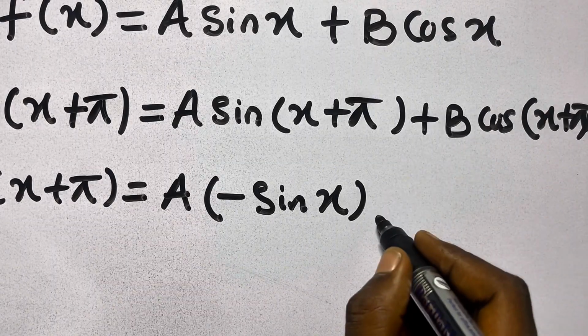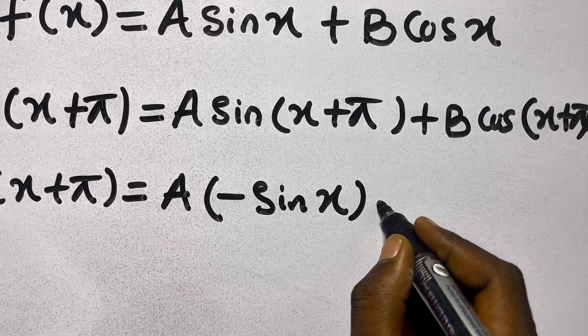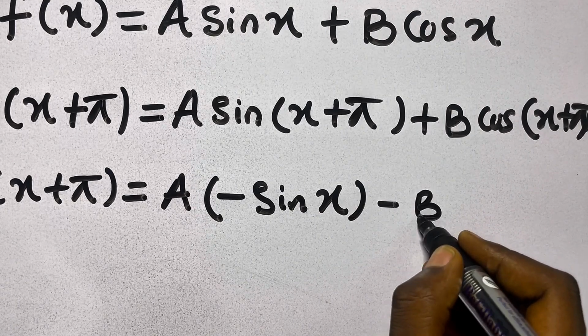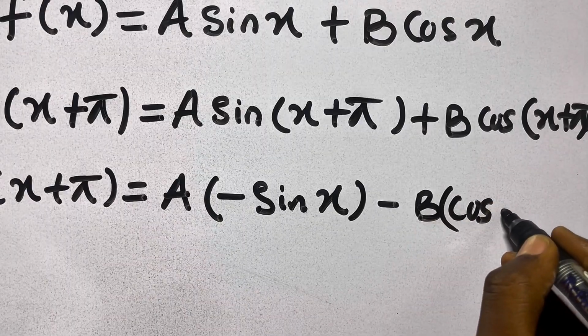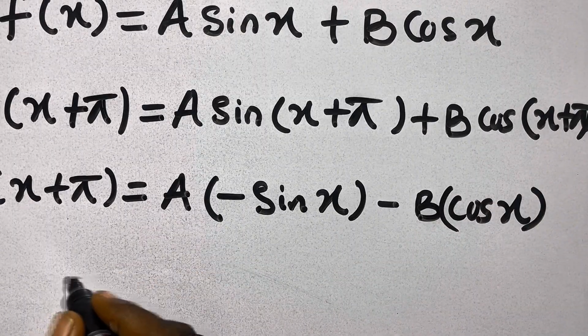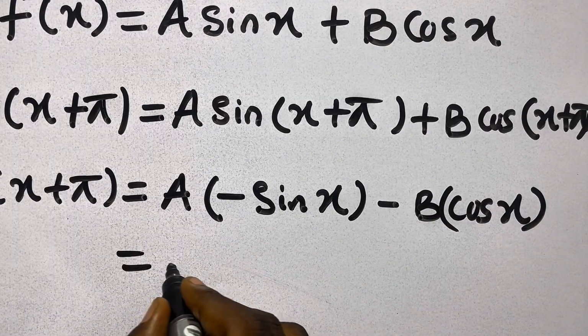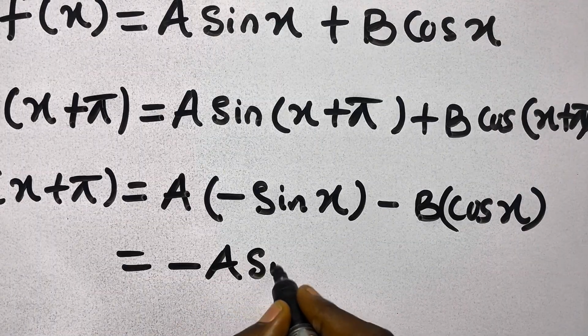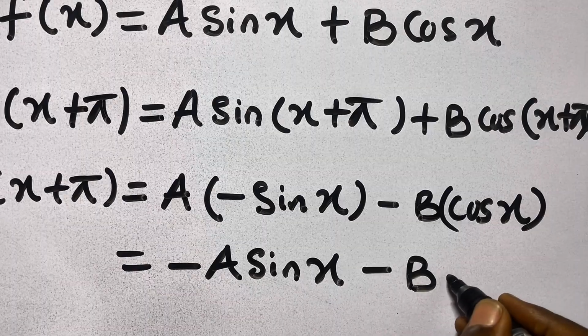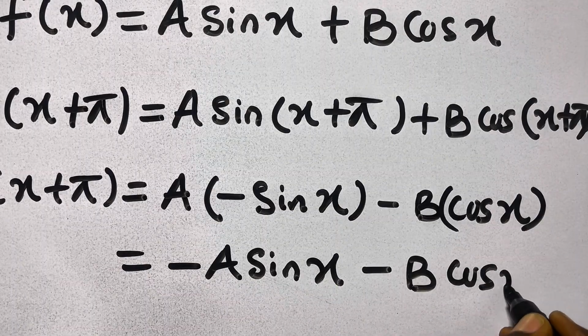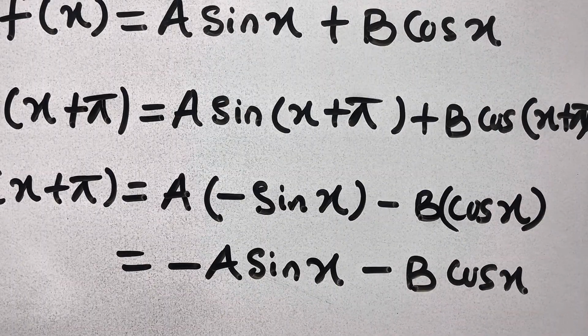So here and here we have minus b cos x. Therefore this will be minus a sine x minus b cos x.